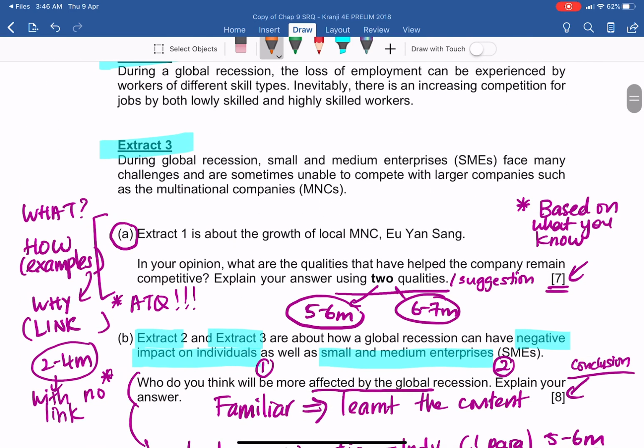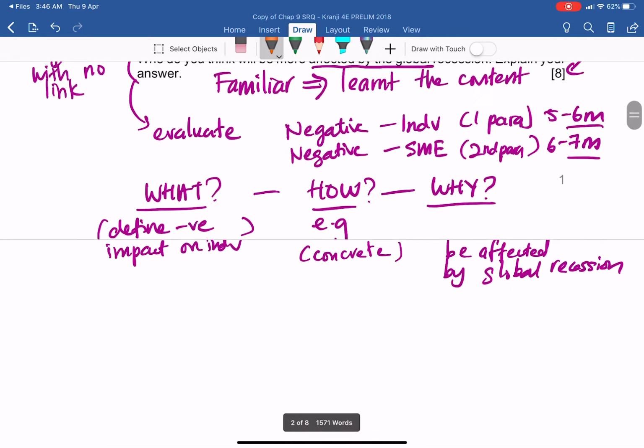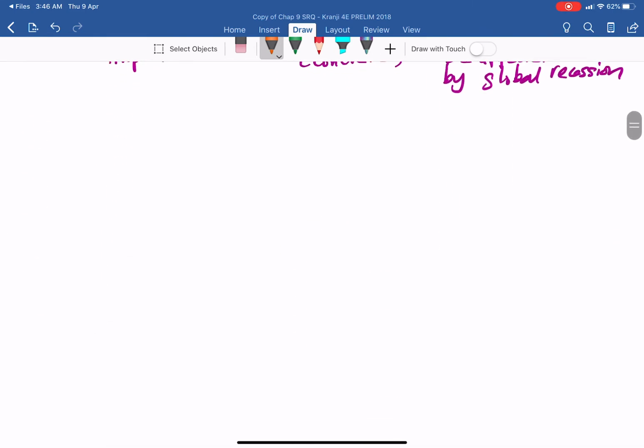So going back to the question, in your opinion, what are the qualities that have helped the company? Okay, so the two qualities that we can see is creativity, correct?